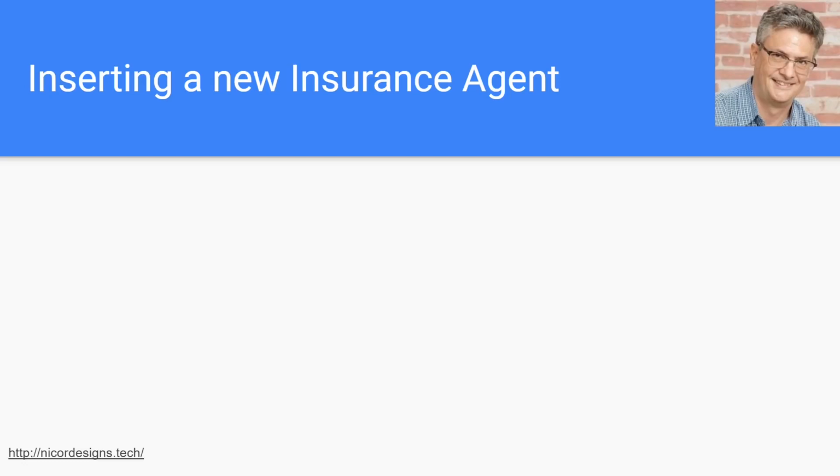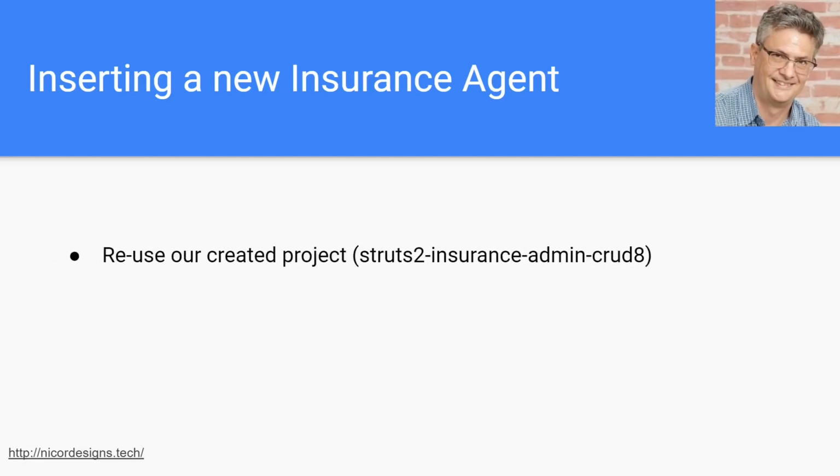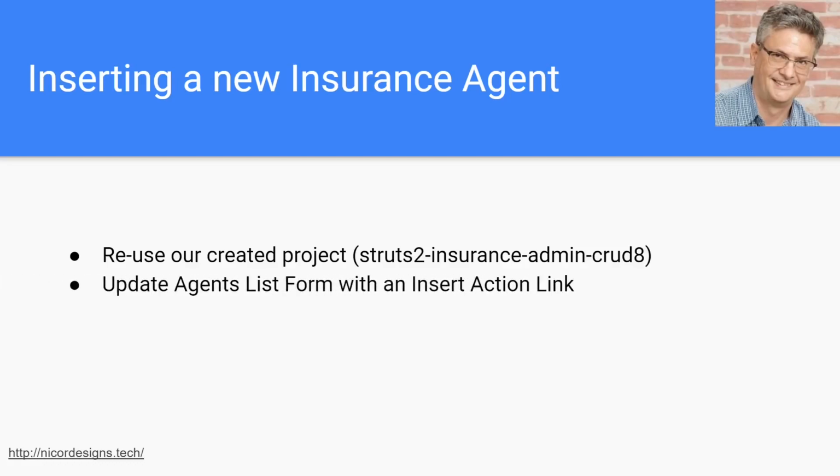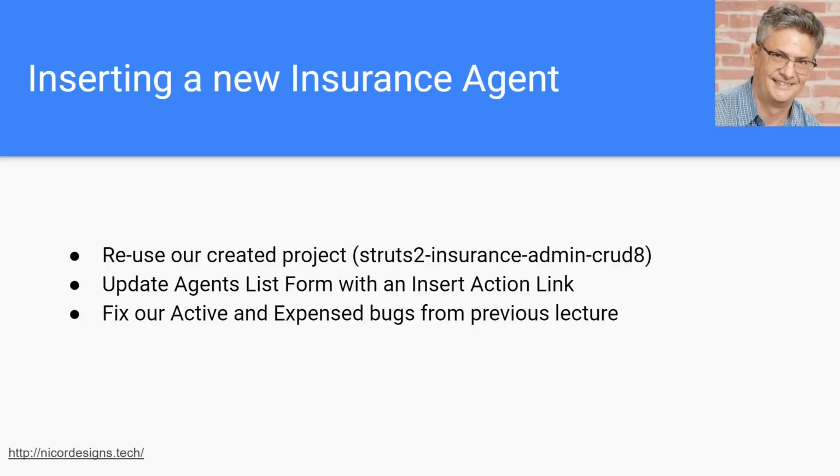These are the high-level steps we will do so that we can insert a new insurance agent into the database. First, we will reuse our previously created project. Then we will update the agent list form with an insert action link. We will fix our active and expense bugs that we discovered in our previous lecture.